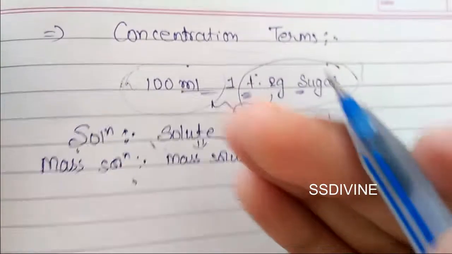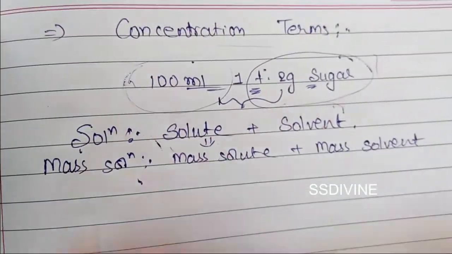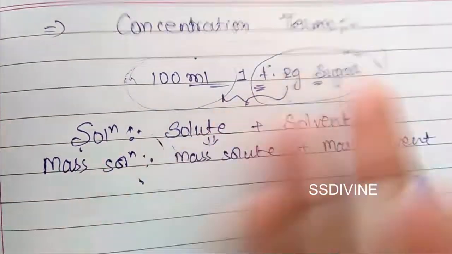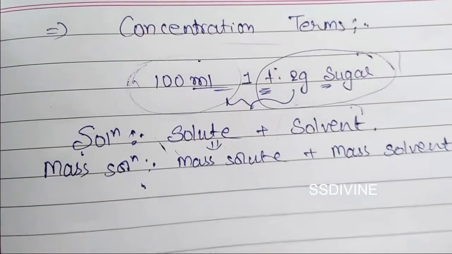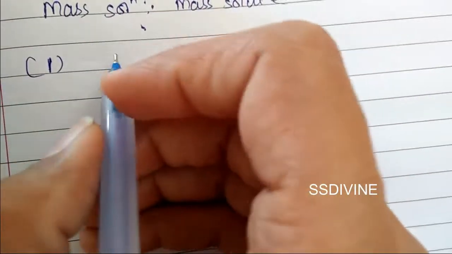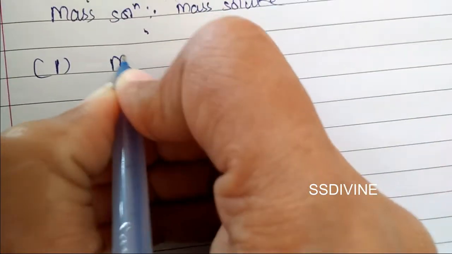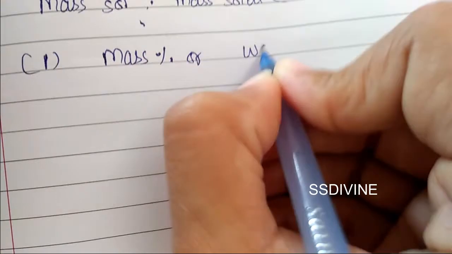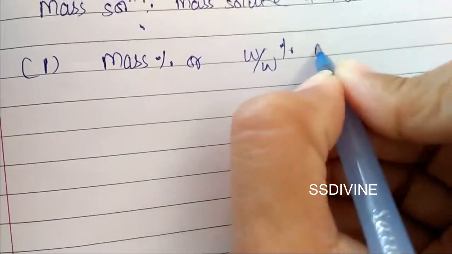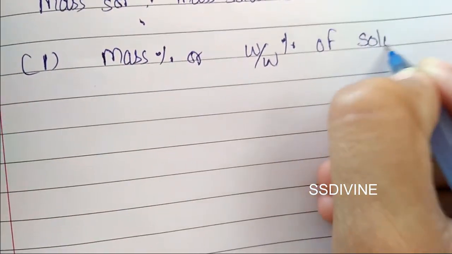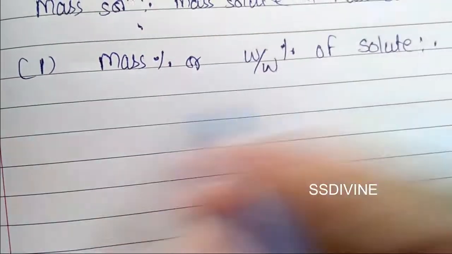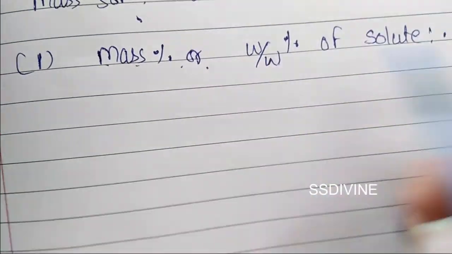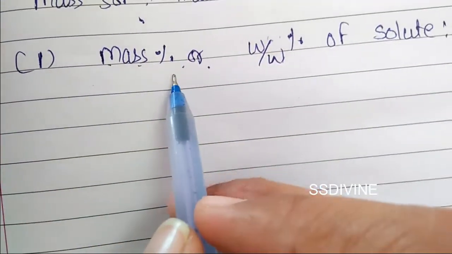Now, we have different concentration terms on the basis of which you can calculate the concentration, right? So, the first method is weight by weight. You can say mass percentage, or weight by weight percent of solute. This is the first method to find the concentration. So, what is mass by mass, weight by weight, or mass percentage?